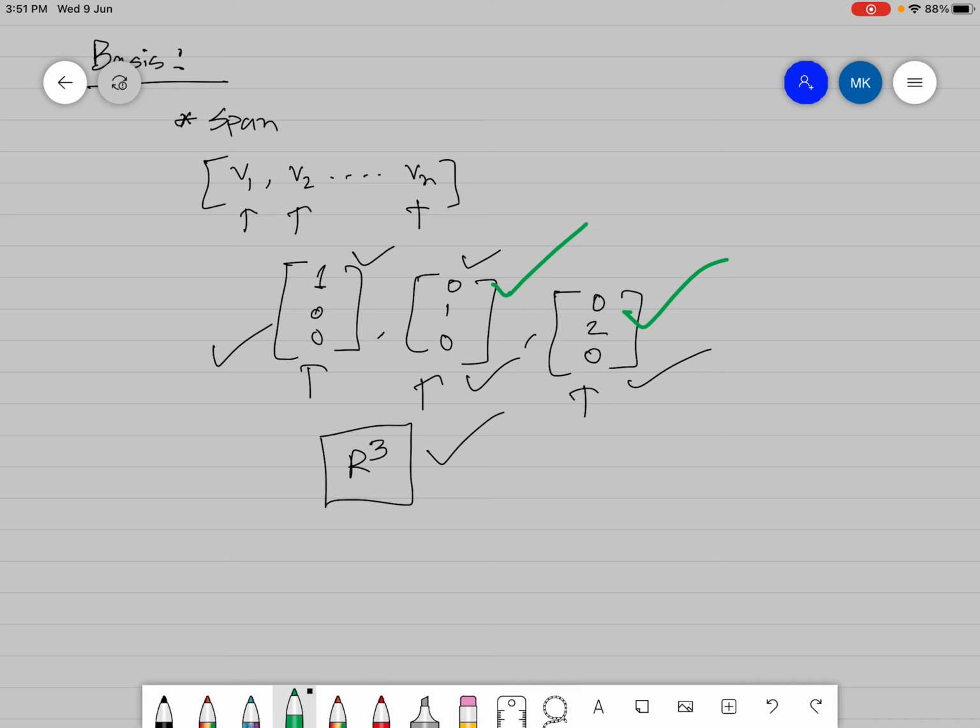Okay, so in that case you cannot span the whole R3. In that case what you can span is a subspace, which is a plane in R3.